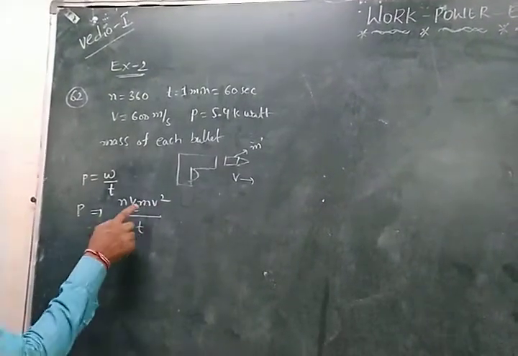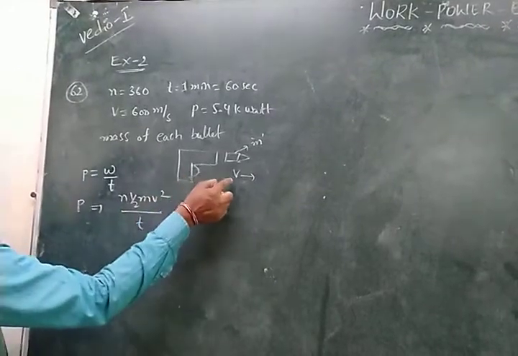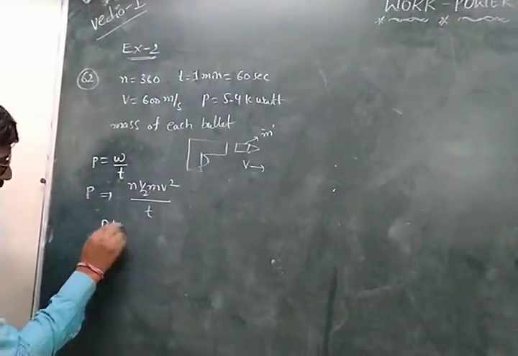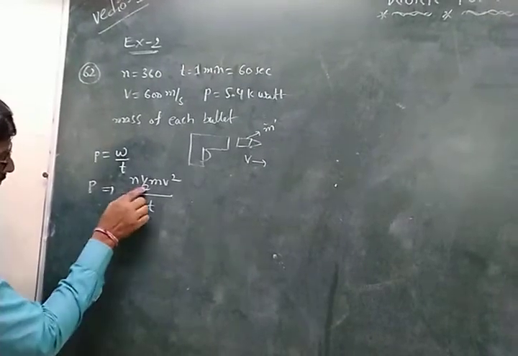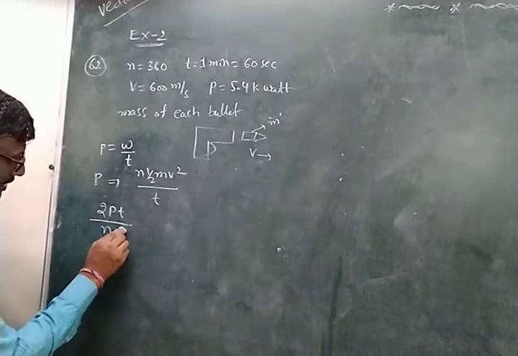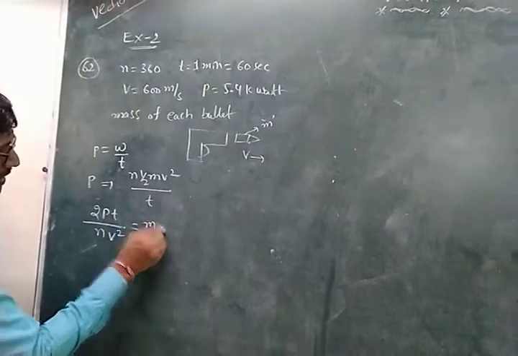Then what we can find is the mass of each bullet, the small m. Take the cross multiplication: P into t into 2, divided by n into v square, is equal to small m.